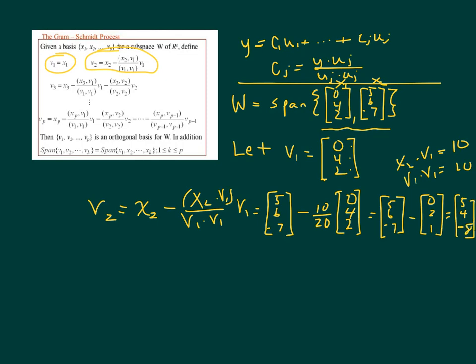Okay, so that gives us an orthogonal basis of 0, 4, 2 and 5, 4, -8, and you can find the dot product there and see that it is indeed orthogonal.